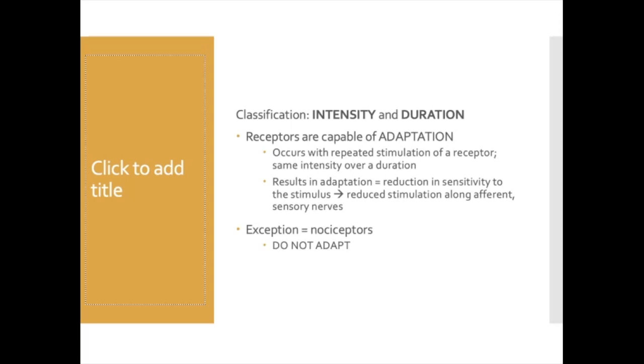So something very serious, again, like the example of being burned. We need our nociceptors to keep transmitting that pain message, even if the burning process continues. We don't want to adapt to pain from the receptor standpoint because it could end up damaging us or killing us. So pain receptors are the only types of receptors that don't adapt.